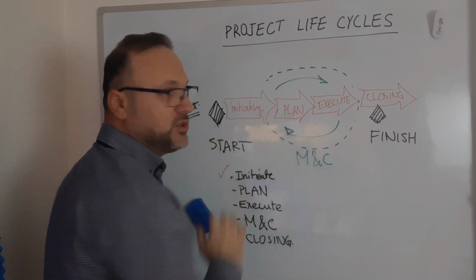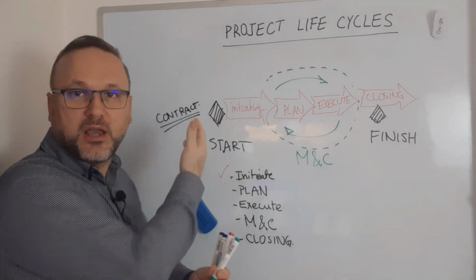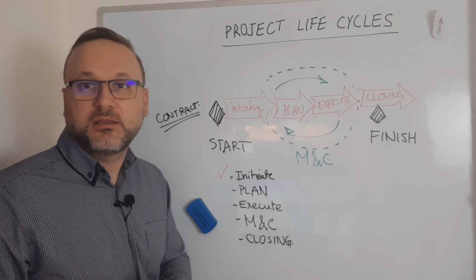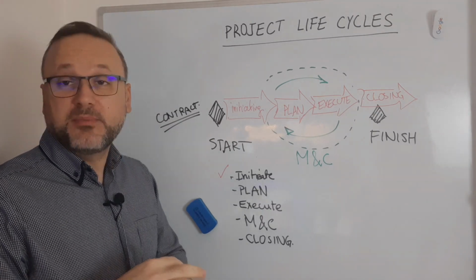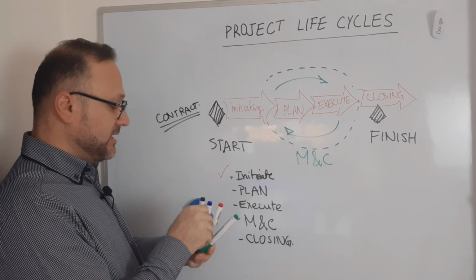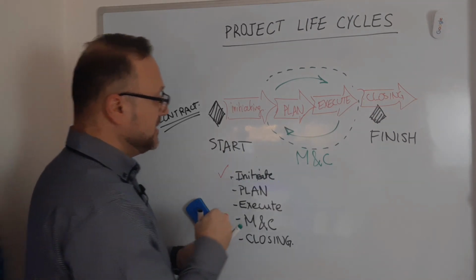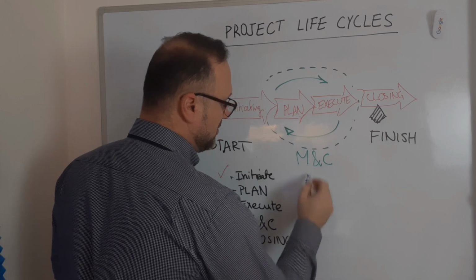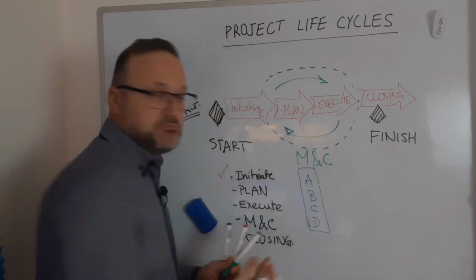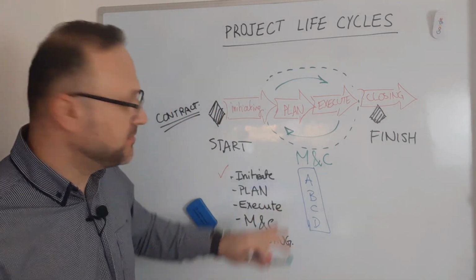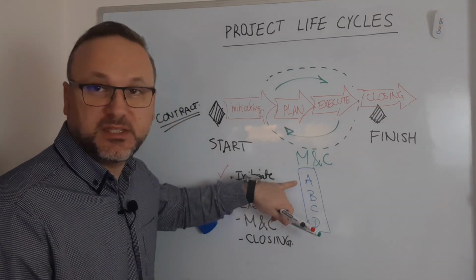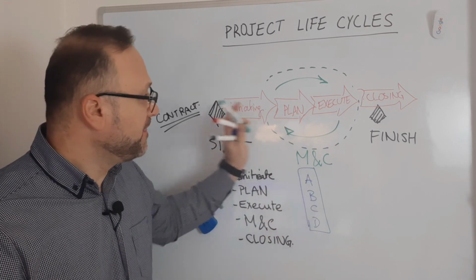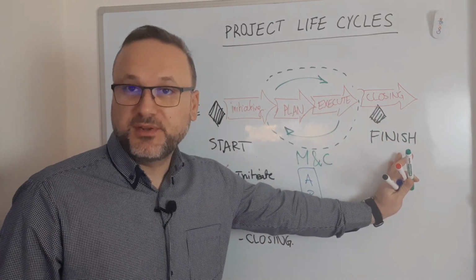Once you initiate it, you need to plan it. You need to plan according to the contract. What do you need to plan? So maybe you need to create activities like activity A, B, C, and D. Let's just assume, if you make activity A, B, C, and D happen, the project will be finished.